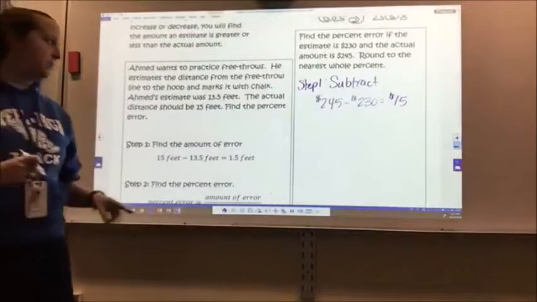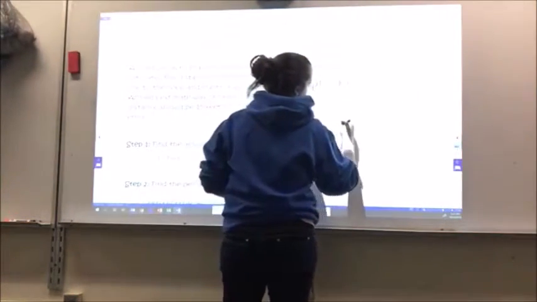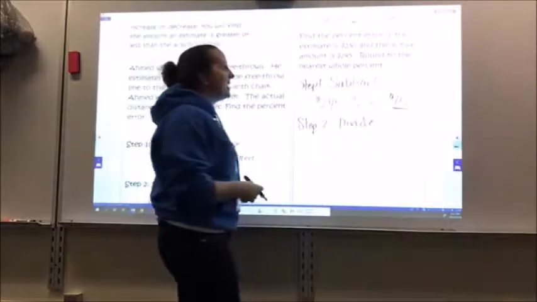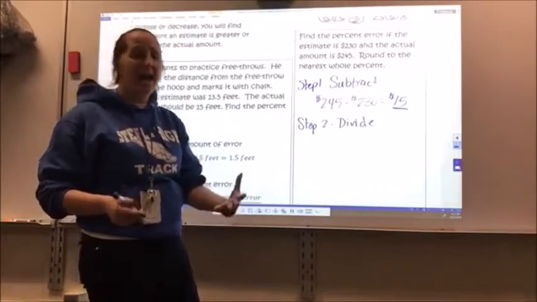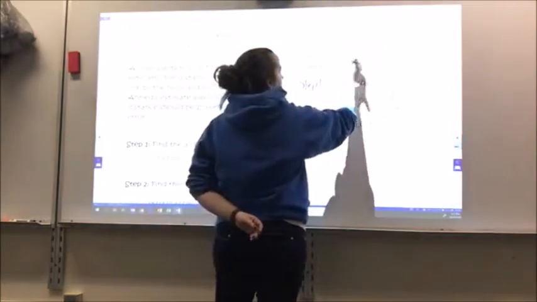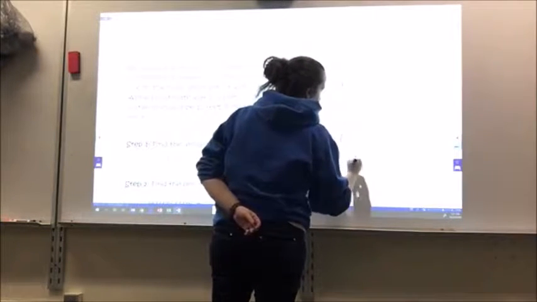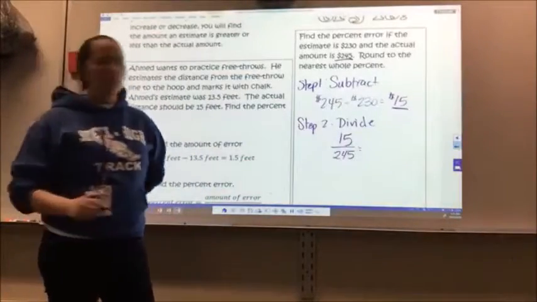Then, step 2, I divide. I take this number and divide by the actual amount, which is 245. So I take 15 divided by 245, which gives me 0.06.